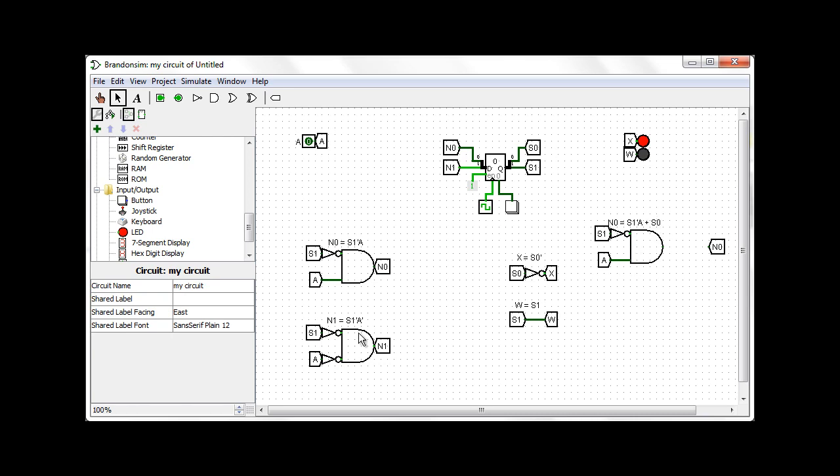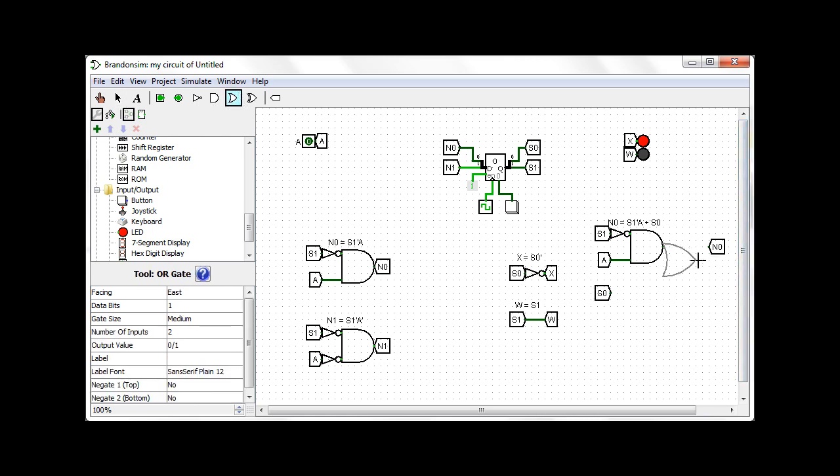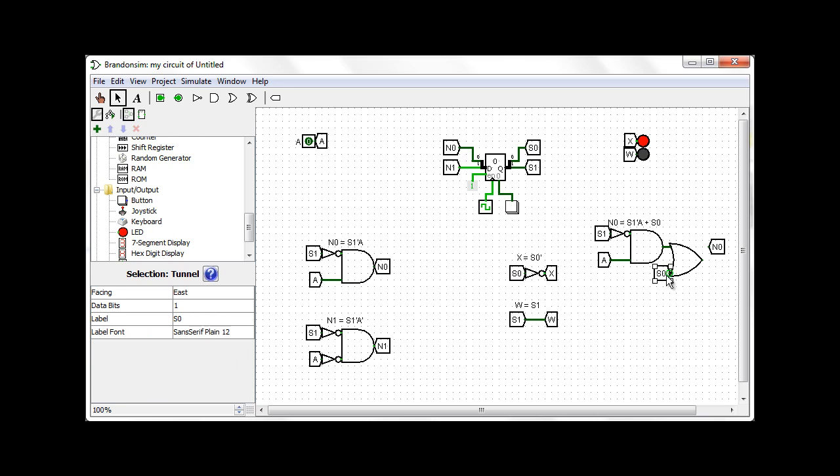S0 is going to be added to our gate here, and because we have an addition, that means we have an OR gate that relates these two quantities in our expression. So the answer of this AND is going to be ORed with S0, and if I attach this to N0, this is going to be my logic for N0.